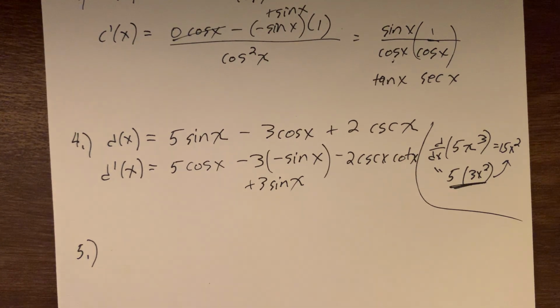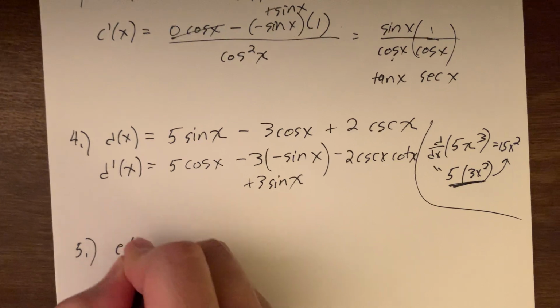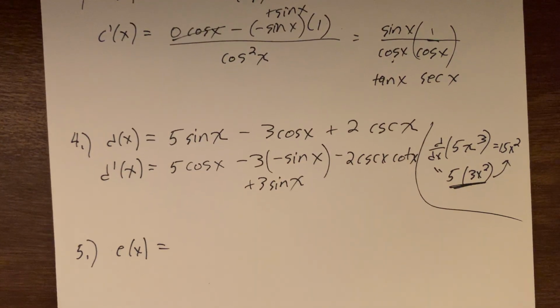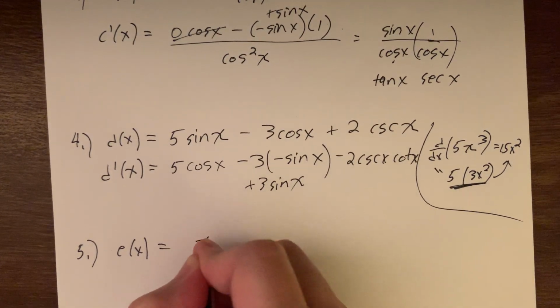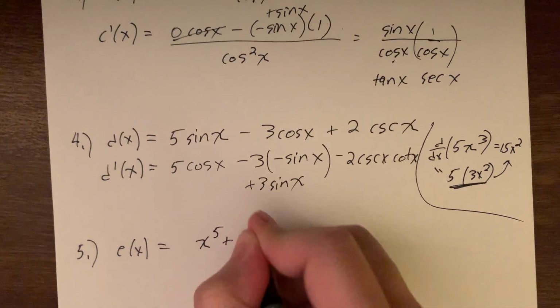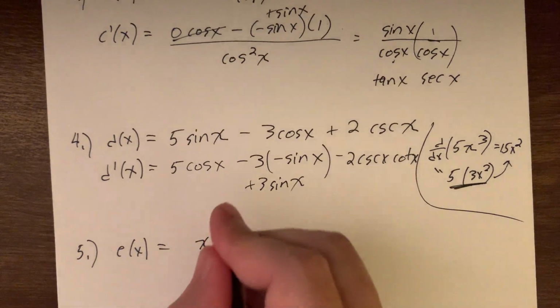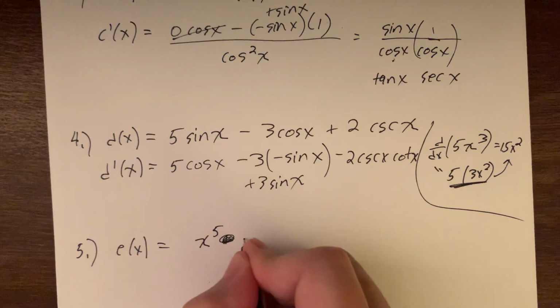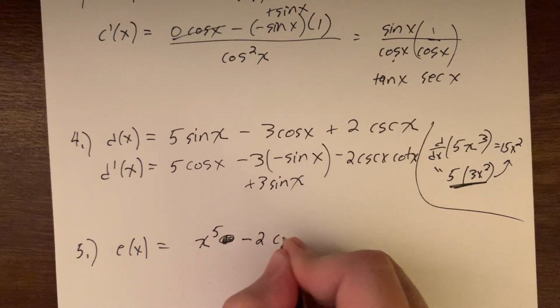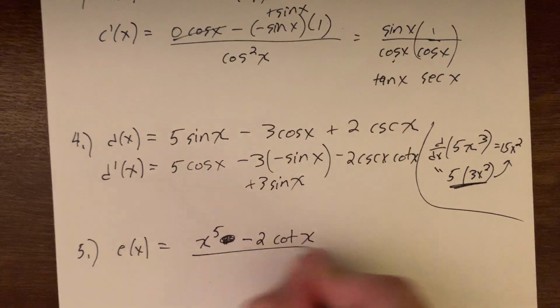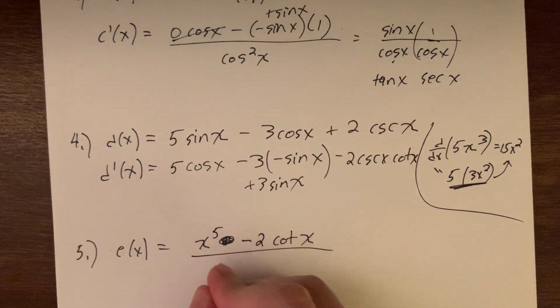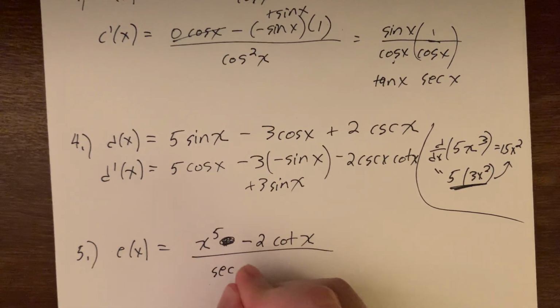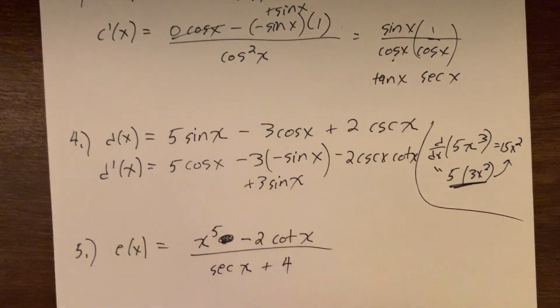Number 2 is a forced product rule problem. Let's look at number 5, e of x, and for e of x, let's look at x to the 5th minus 2 cotan x all over, let's say, secant of x plus 4.